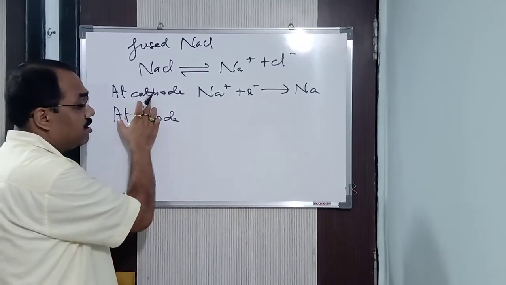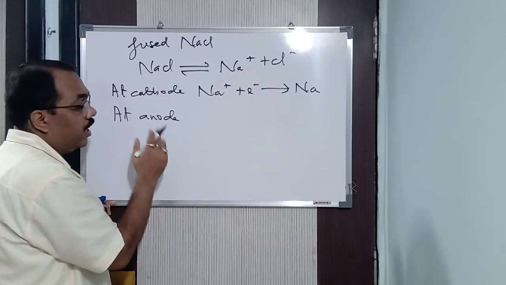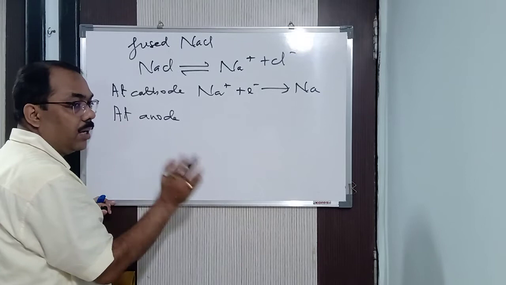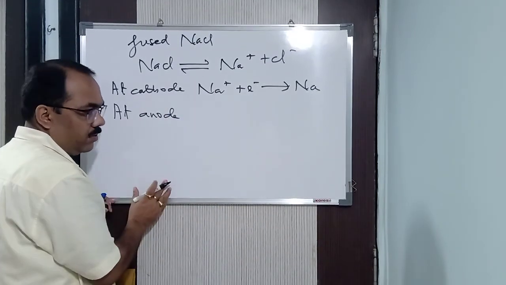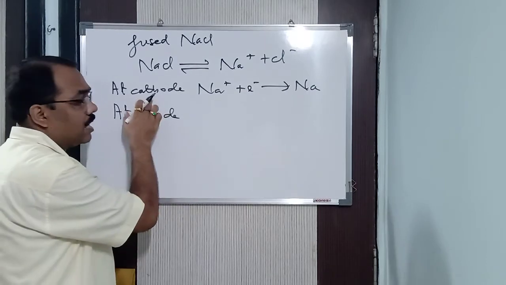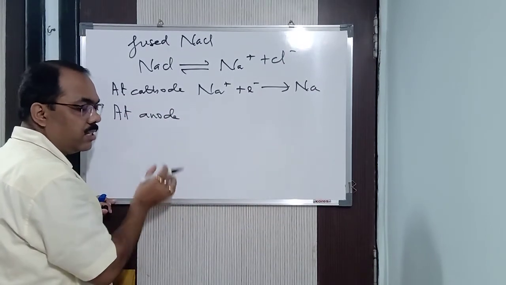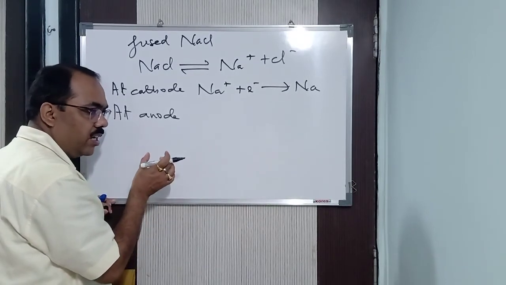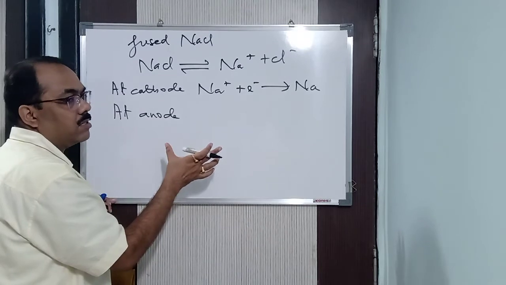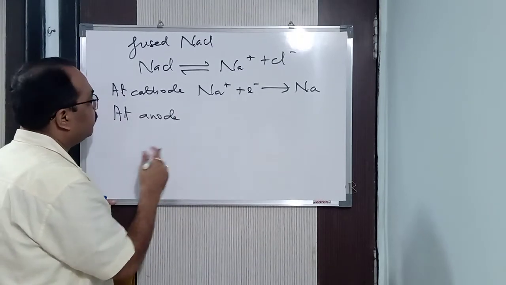Here the cathode is negative and the anode is positive because both the principles are different. In an electrochemical cell, chemical energy is converted into electrical energy, and in an electrolytic cell, electrical energy is converted into chemical energy. We are dissociating the electrolyte into its ions. The principle is different in both cases.